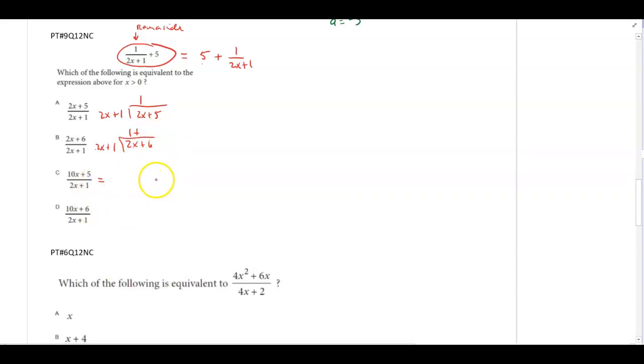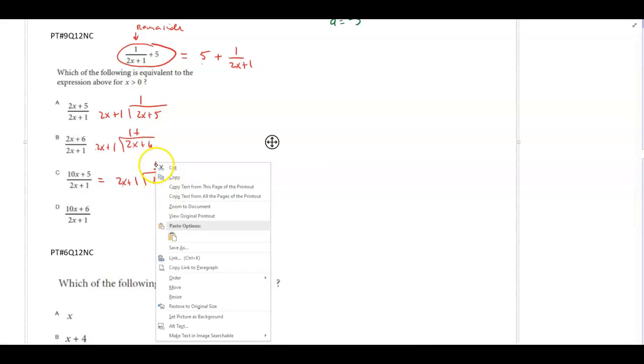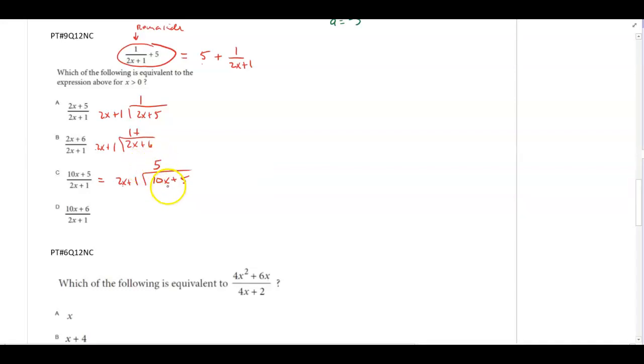This one, if I use polynomial long division, 10x plus 5 divided by 2x plus 1, what times 2x would give me 10x? That would be 5. Now, that one is possible. If I do the same one here, 10x plus 6 in the box, 2x plus 1 outside, let's see if that matches up.